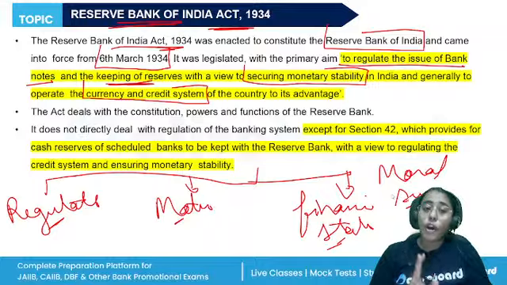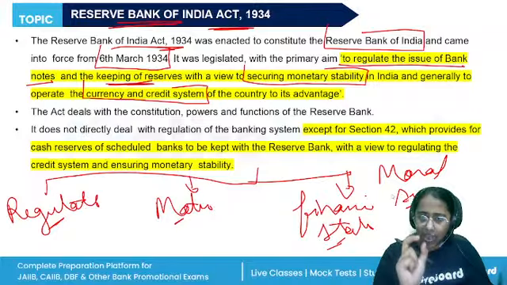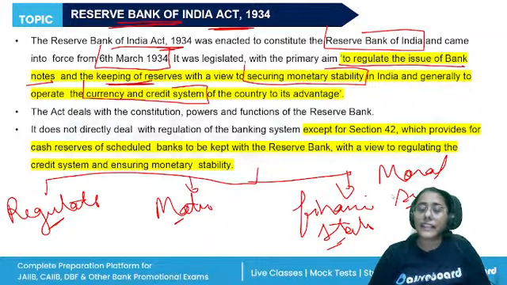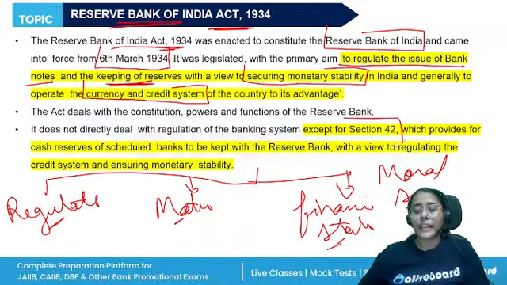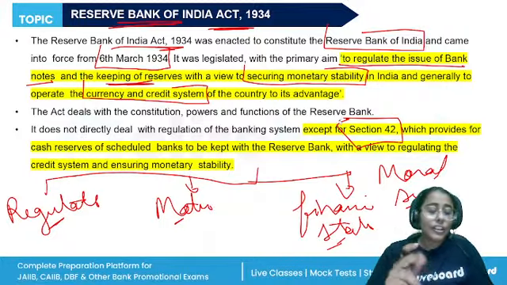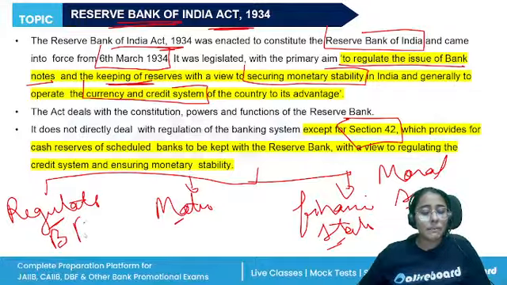So, all of these responsibilities have been given to RBI. The RBI Act does not deal directly with the regulation of the banking system except for section 42. Like I told you, regulation of the banking system is under the Banking Regulation Act. RBI monitors the banks.